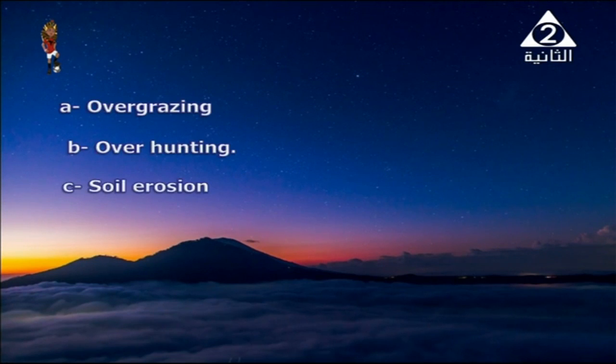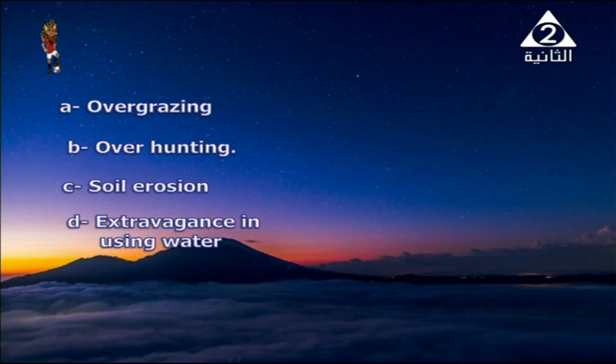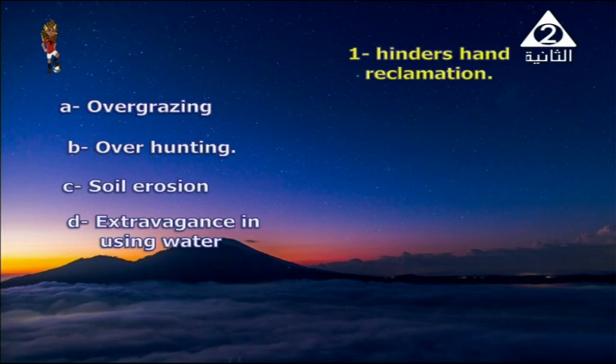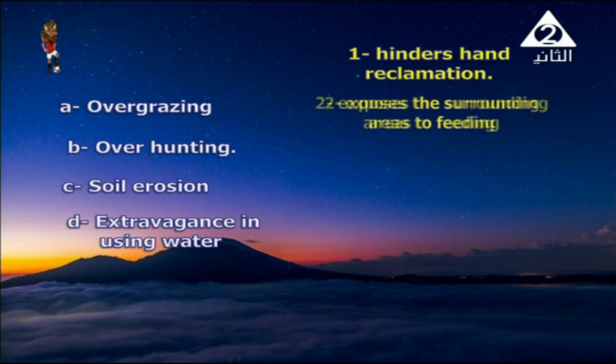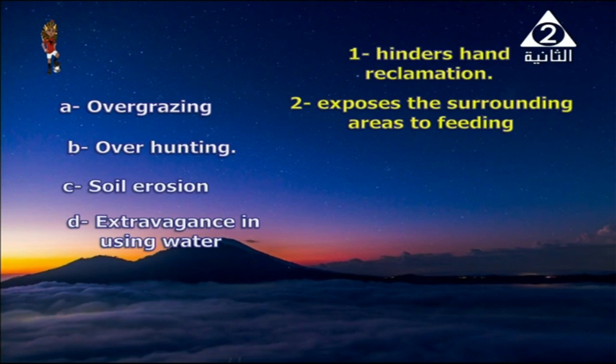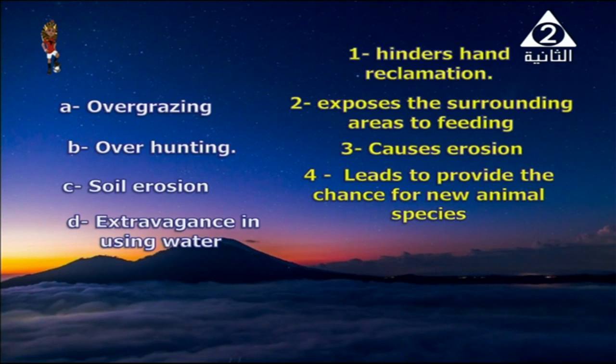Also, we have a matching question, the first row here: overgrazing, overhunting, soil erosion, extravagance using water. The second column, we have hinders land reclamation, exposes the surrounding area to flooding, causes erosion, leads to provide the chance for new animal species, and finally destroys agricultural land.